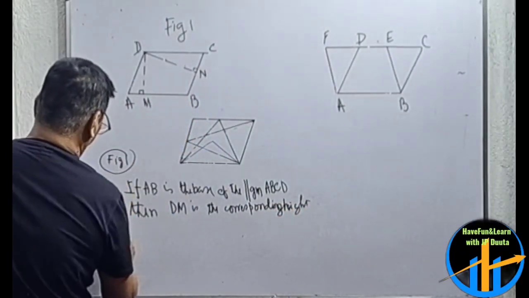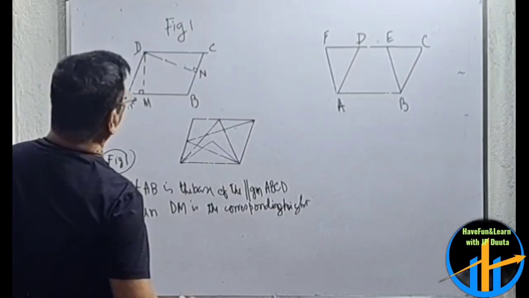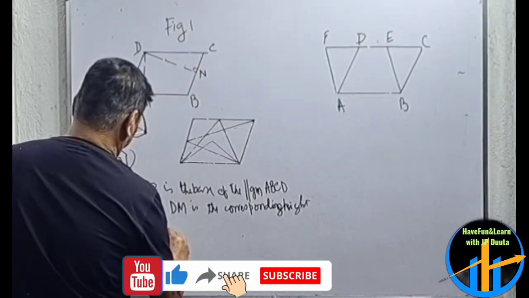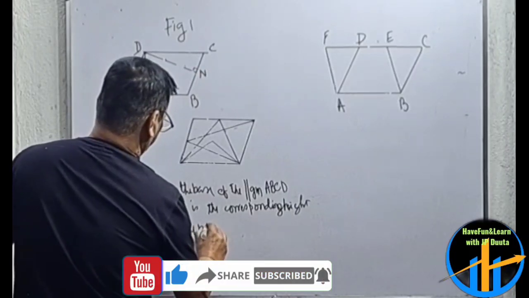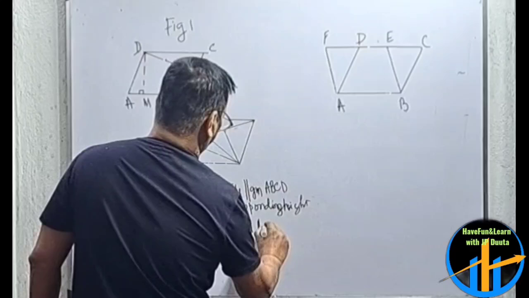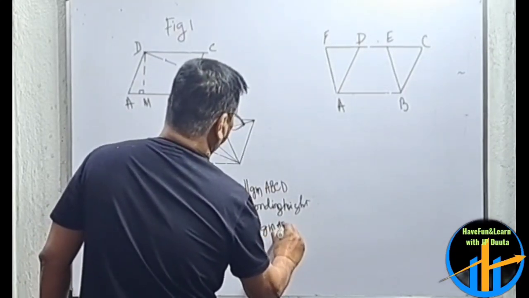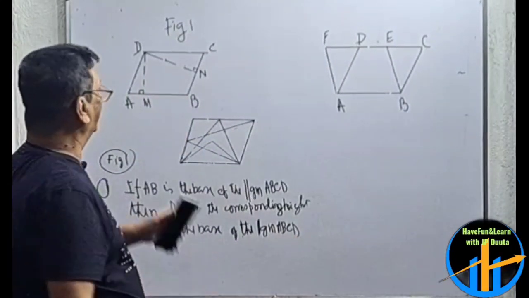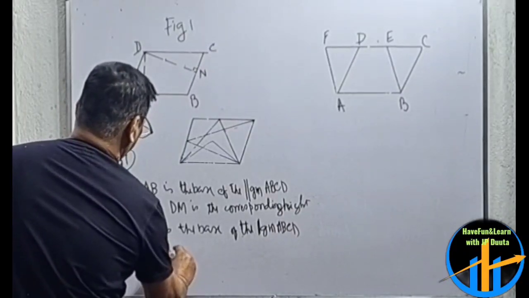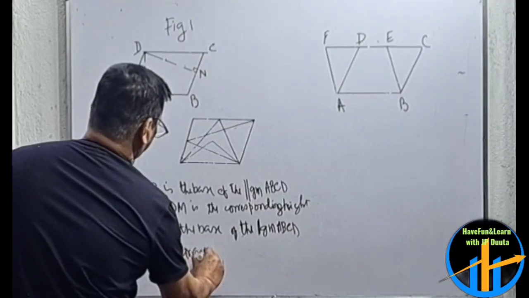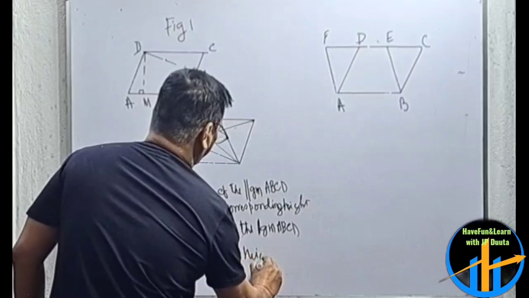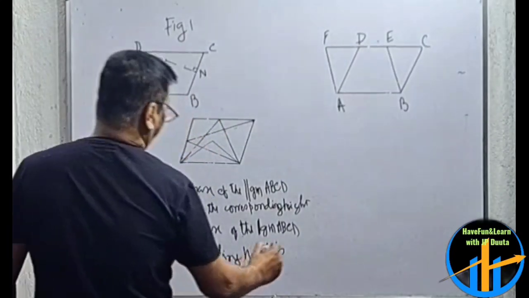Now, this is number one. Number two, if you consider BC to be the base, if BC is the base of the parallelogram ABCD, then the corresponding height is DL.